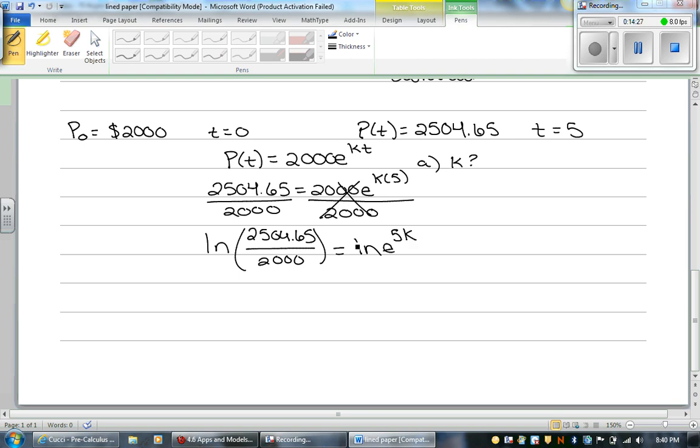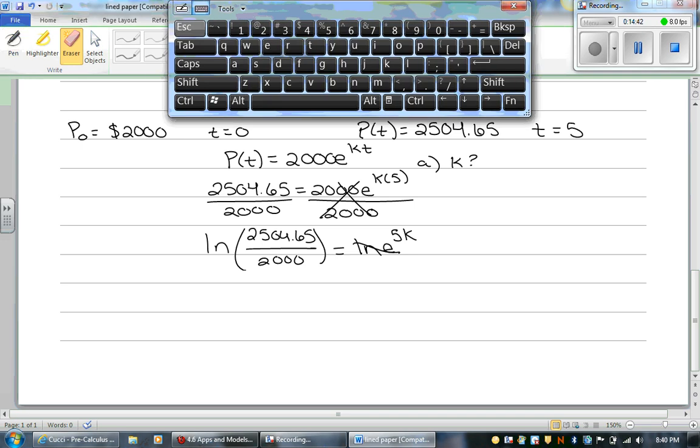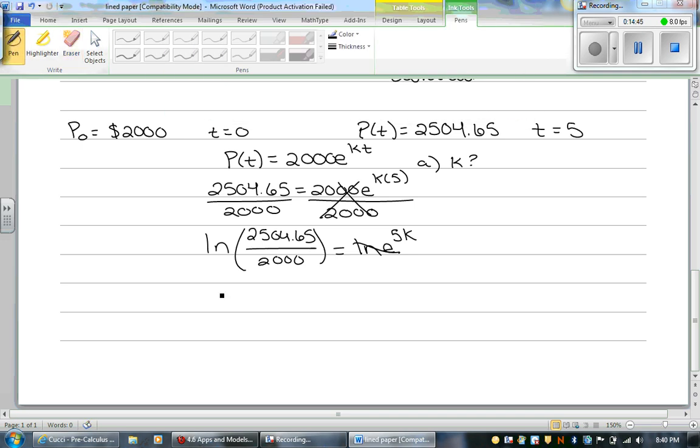So one last step here, and that's to go ahead and divide k by 5. Maybe that's a little messy. I better break that up another step for us. Okay, so now divide by 5.